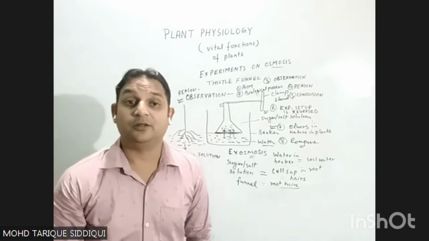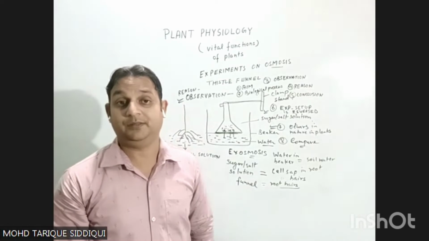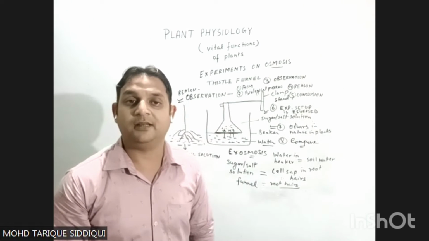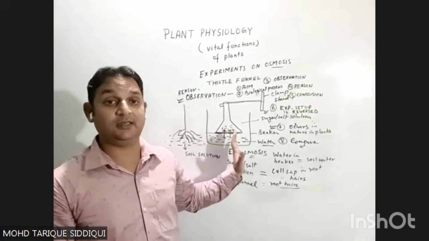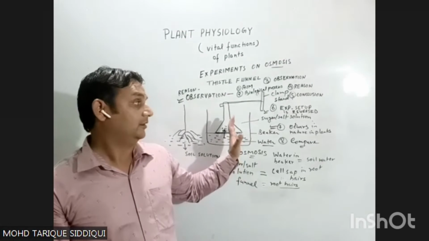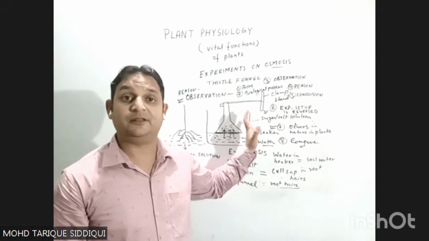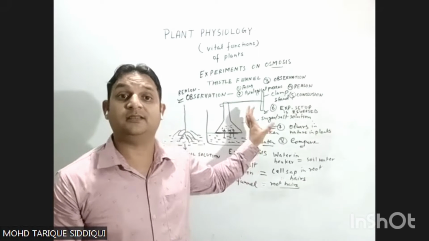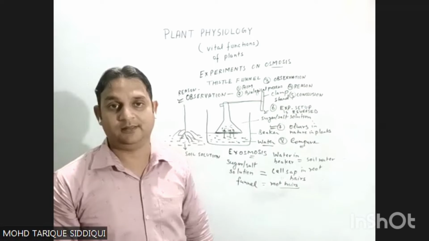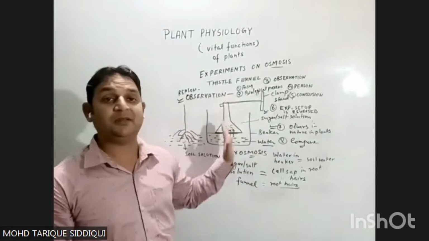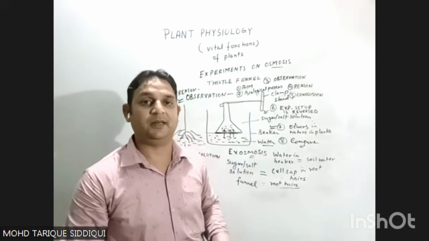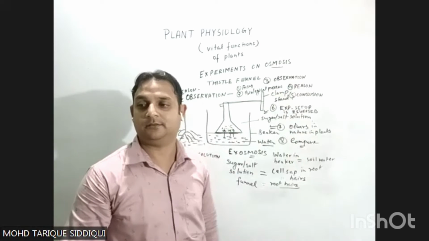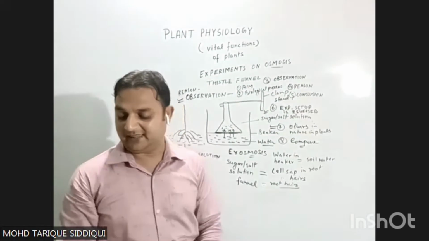So these are the questions that would be asked regarding the thistle funnel experiment. I hope this experiment is very clear. Again, remember, if a diagram is given as an experimental setup to demonstrate a certain biological process in plants, then they ask you all these questions. Now, the next experiment.